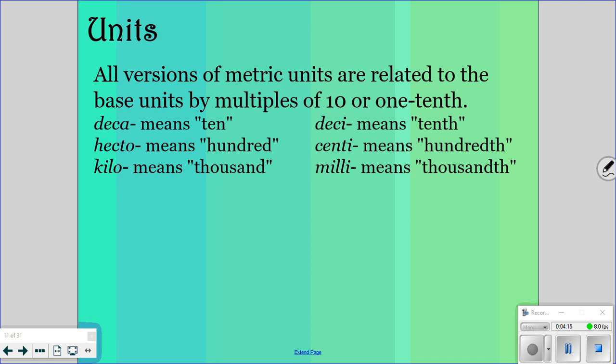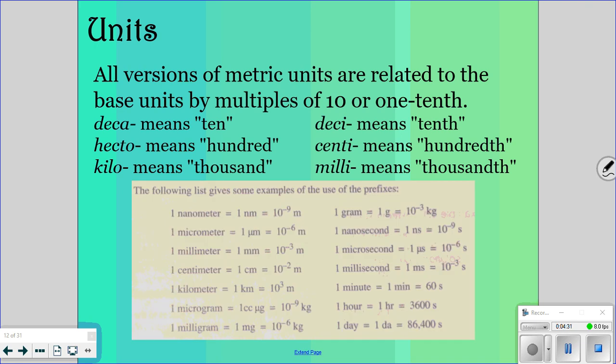And milli means 1,000th. So if you think about it, a century is 100, and a millennium is 1,000, which is where the 100 and the thousand kind of come from. This list gives you some examples of the prefixes that we'll use. It's also in the book on page 1.